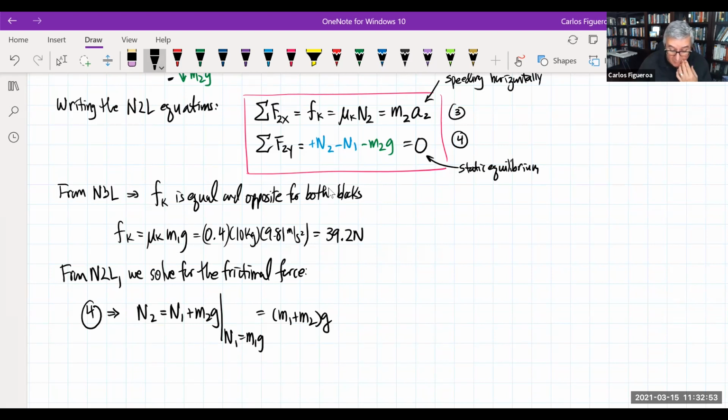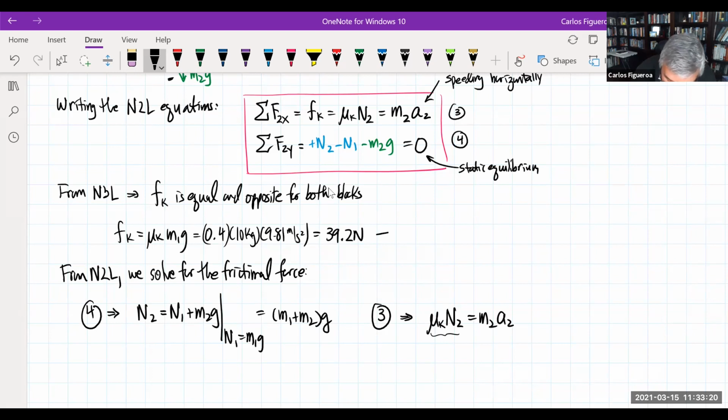Now that I have the normal, I could then use equation 3, which says here that mu k times the normal 2 is going to be mass of 2 times the acceleration of 2. So in that case, you could see that I'm getting this guy, but I'm using a different mass.